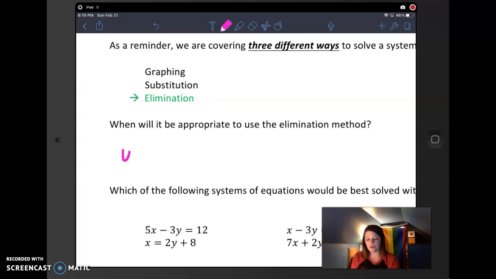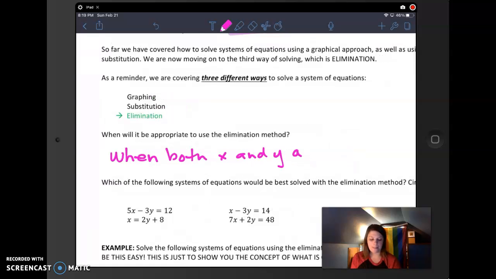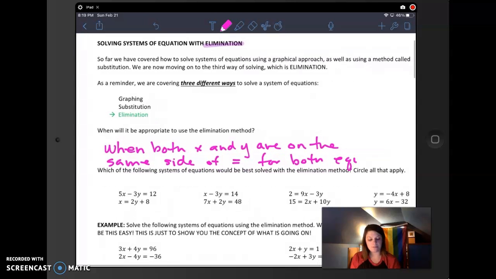So it's most appropriate to use the elimination method when both x and y are on the same side of the equal sign for both equations.